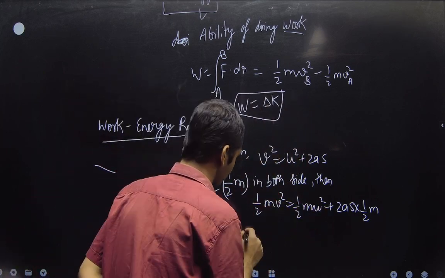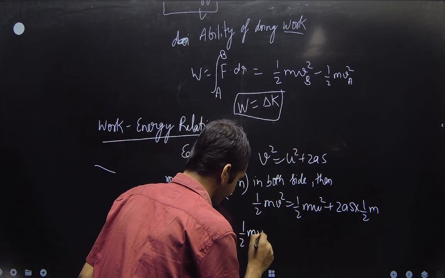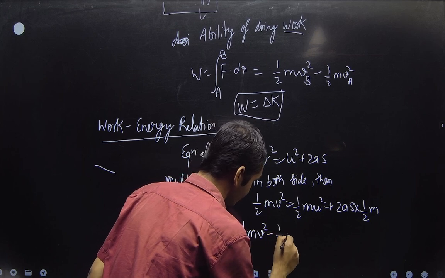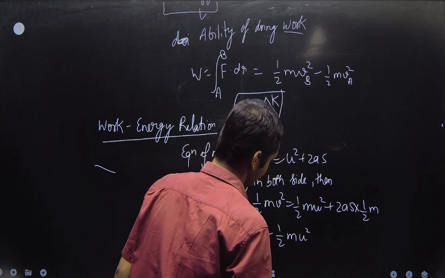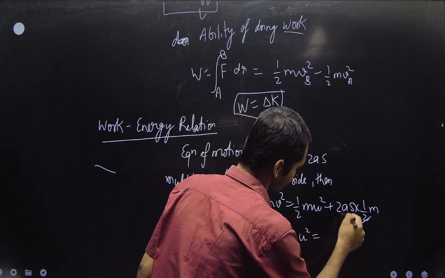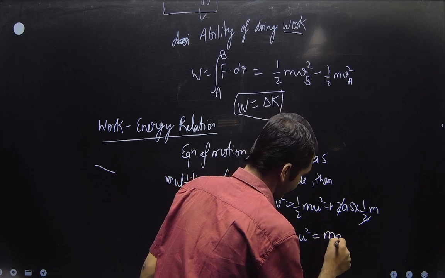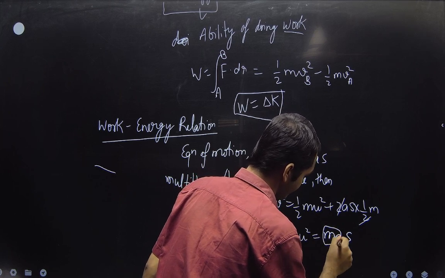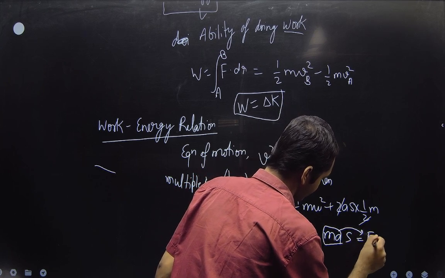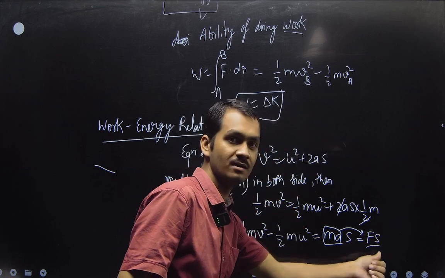Simple. Let's convert it: 1/2 mv square minus 1/2 mu square is equal to mas. What is ma? It is the force. F into s, that is the work done.